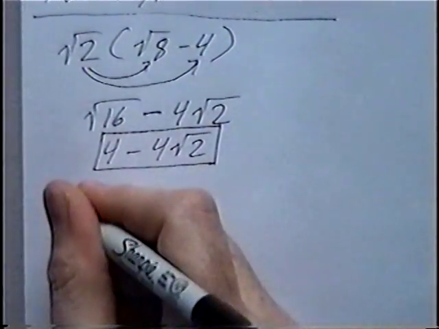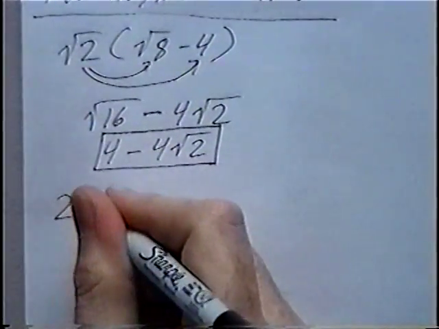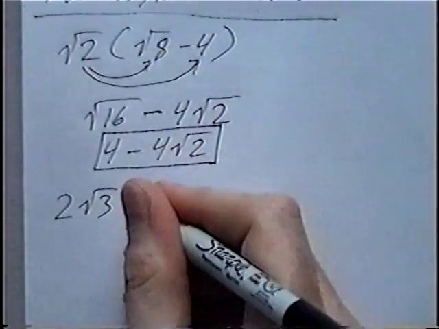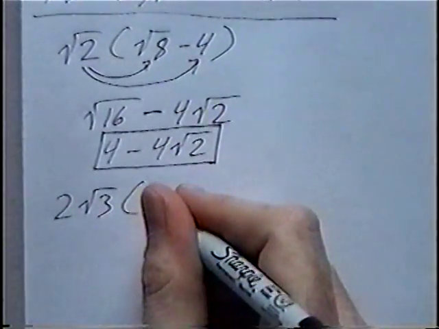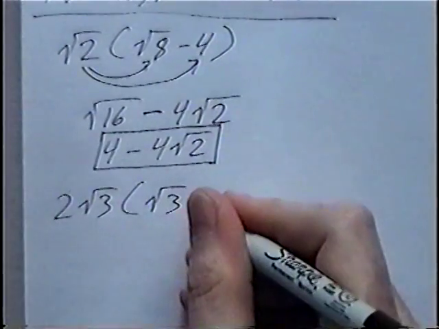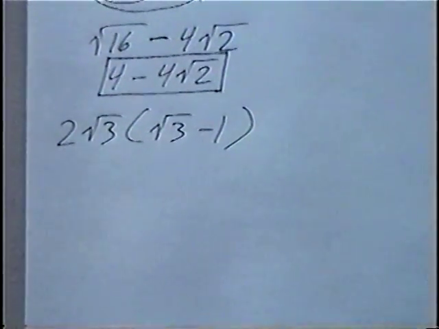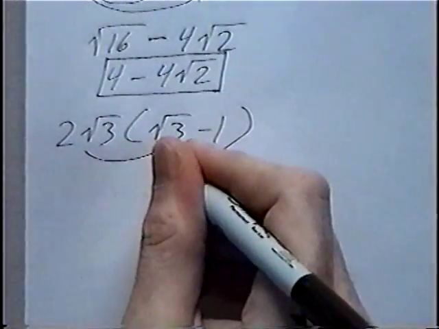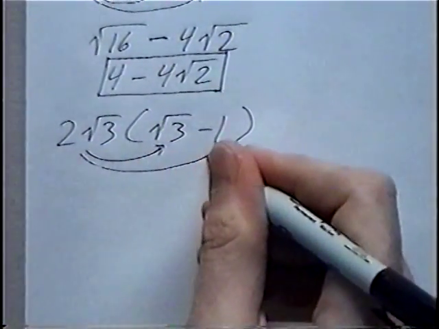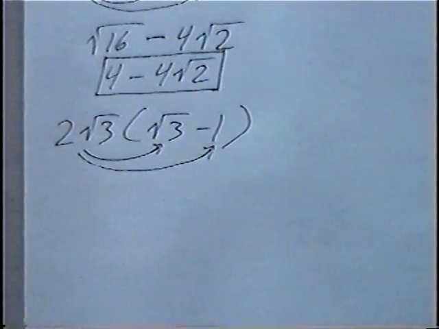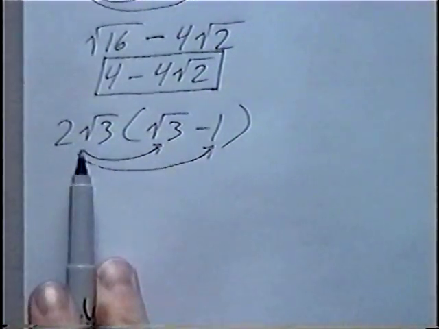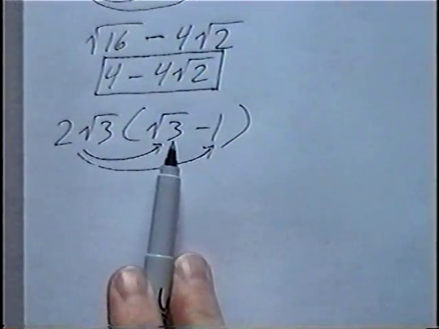Second question is 2 radical 3 multiplied by the quantity, or inside parentheses, radical 3 minus 1. Again, just like before, we will distribute the 2 radical 3 to both the numbers on the inside. 2 radical 3 times radical 3.